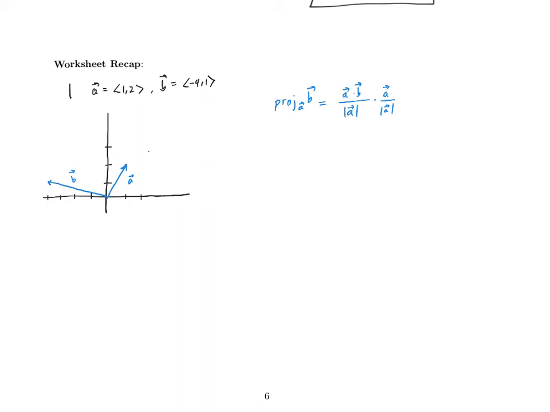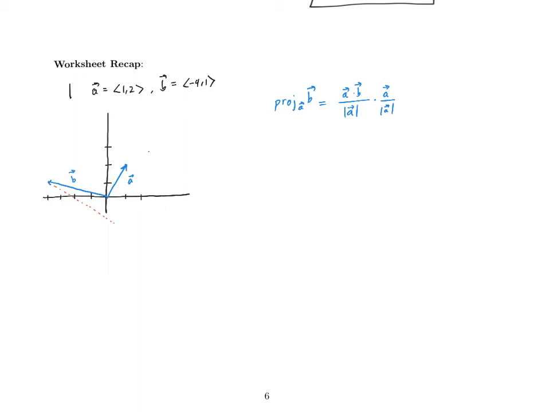To project B onto A, what we need to do is drop a perpendicular down from the terminal point of B to where it hits the vector A. So if I come down in the direction that would allow me to hit that vector at a perpendicular, note you don't really pass through the vector itself.